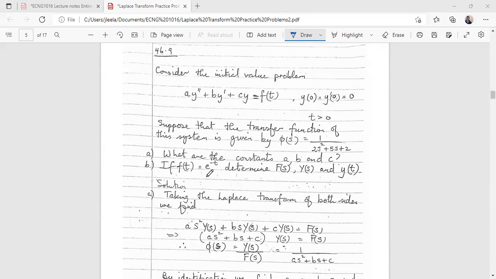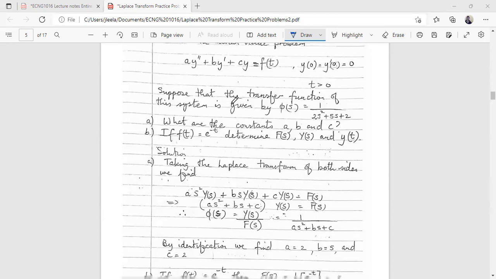Okay. So now we recall how to write the transfer function. You have a function in terms of y and a function in terms of f, two functions in terms of t.